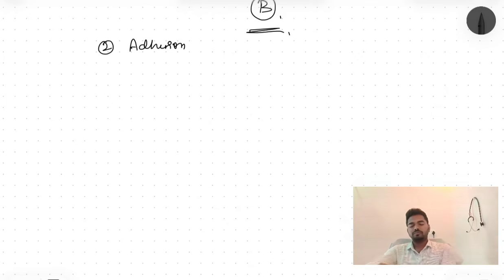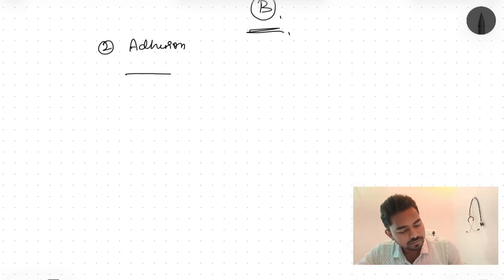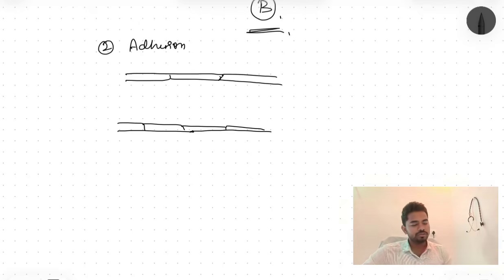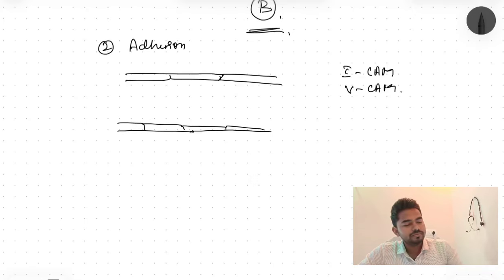See, this is endothelium, or blood vessel. We have two molecules, ICAM and VCAM.